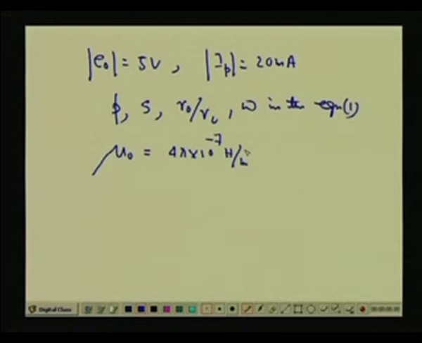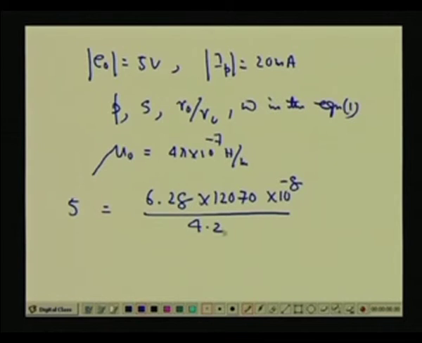So, after plugging in all these values of P, S, RO by Ri, omega in equation 1 and putting mu naught equal to 4 pi 10 to the power minus 7 Henry per meter, on the left hand side we get 5 because E naught is 5 volt. That will be equal to 6.28 into 12070 into 10 to the power minus 8 upon 4.2 NP NS.